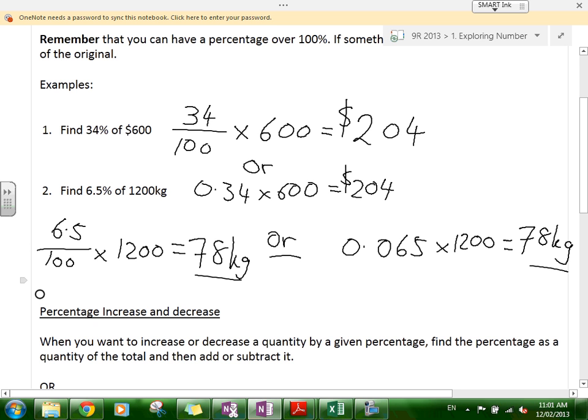Take this step first, and then add or subtract it from the quantity. If it says reduce by 10%, you find 10% of the original, and then subtract that amount. Or if you increase an amount by 10%, you add it on. That's the first method we can use.